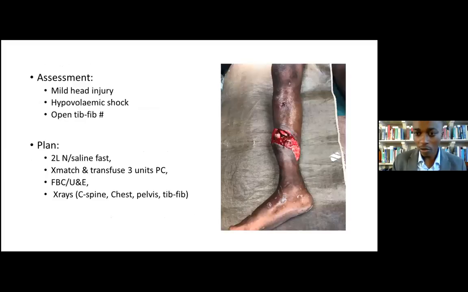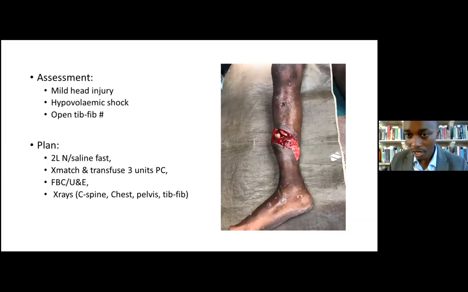So the casualty officer's assessment was that of a mild head injury, hypovolemic shock, and open tib fib fracture. The patient got 2 liters of normal saline first, and then he was cross-matched for transfusion of 3 units. Bloods were taken and x-rays were requested.